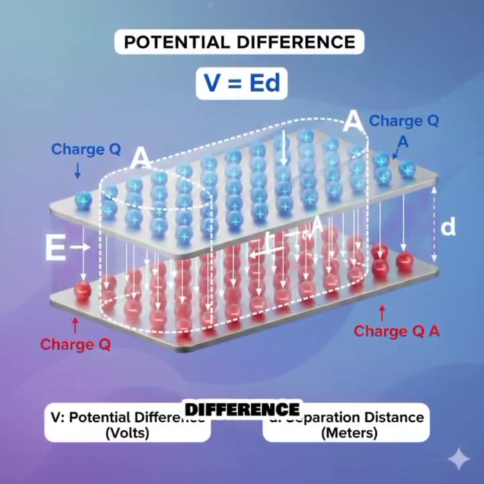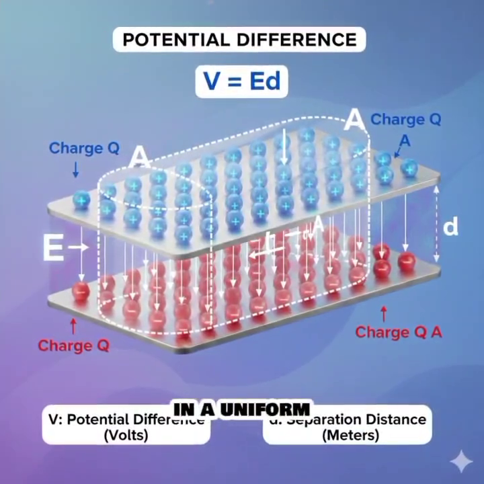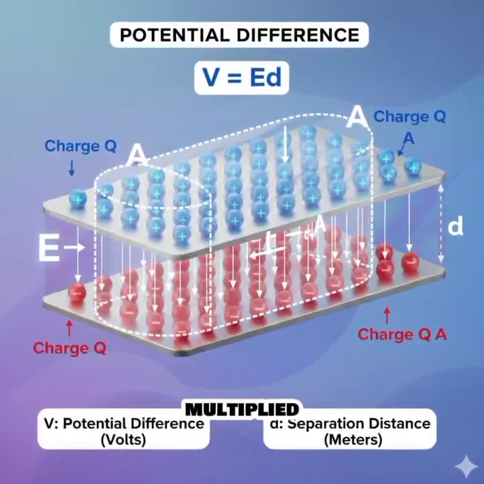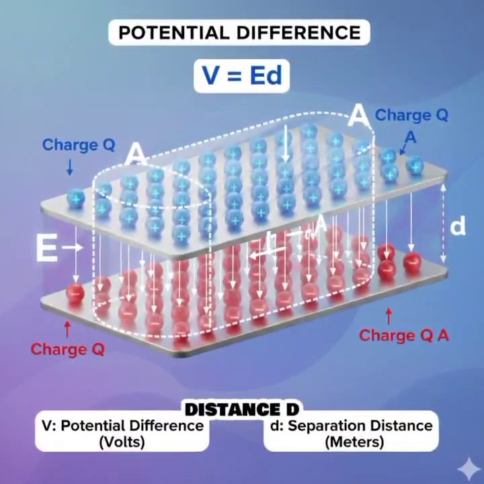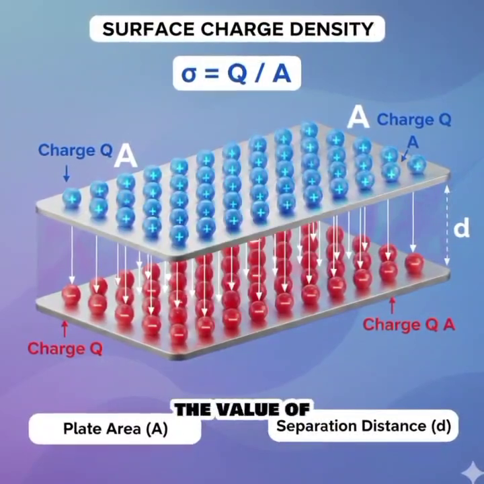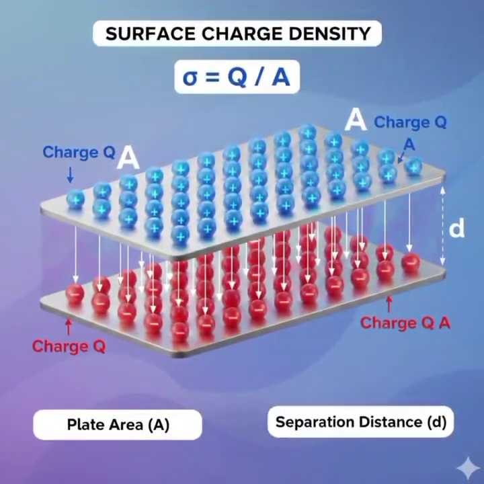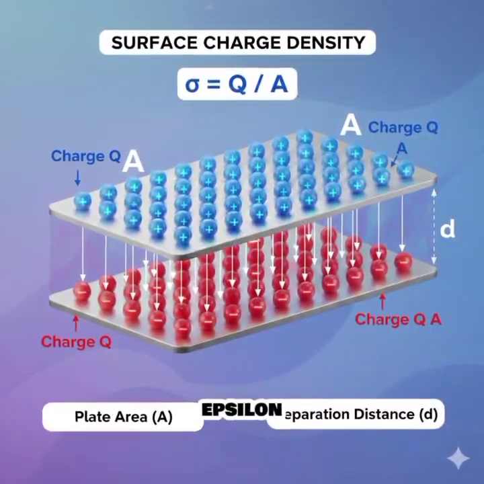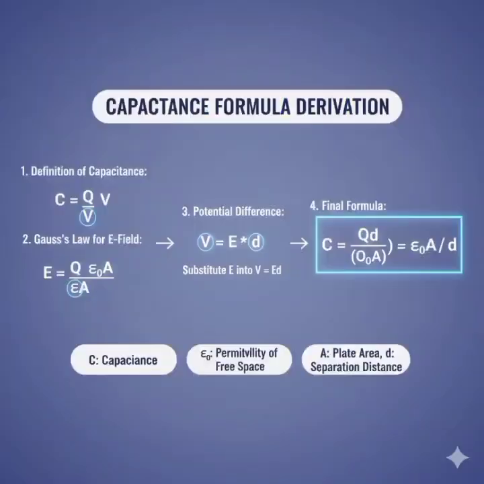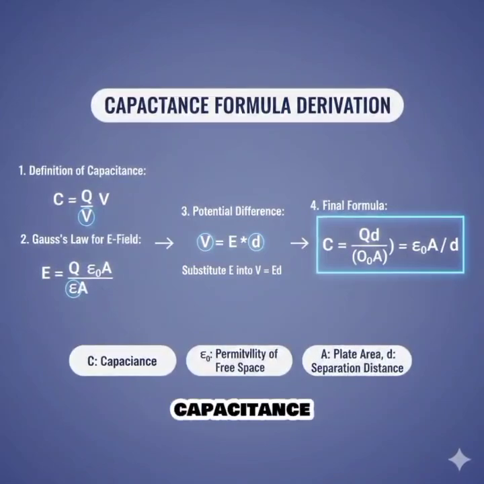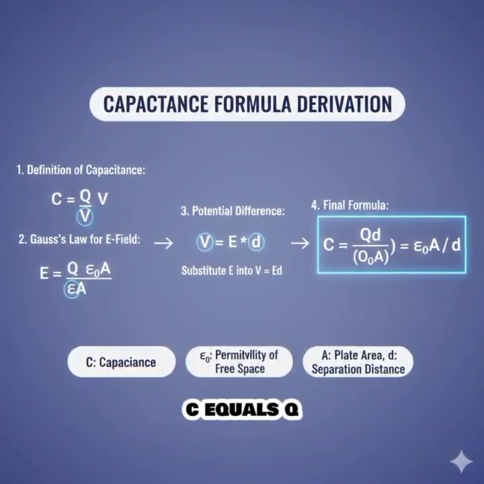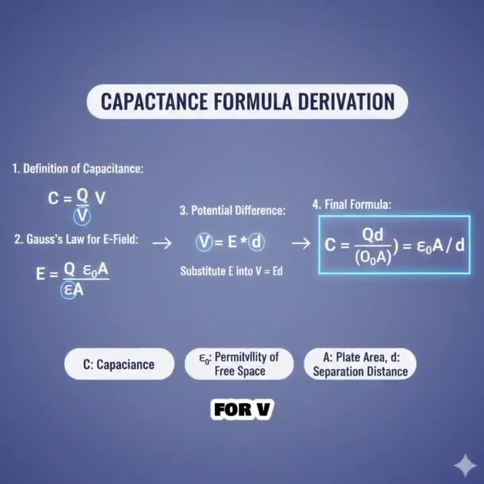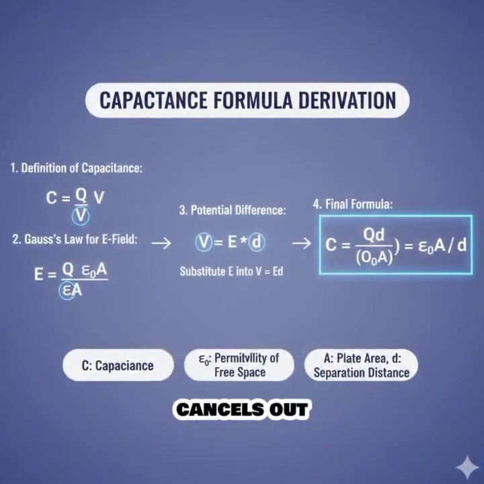The potential difference between the plates in a uniform electric field is equal to the electric field multiplied by the separation distance d. Substituting the value of the electric field, the potential difference becomes Q times d divided by epsilon naught times A. Using the definition of capacitance, C equals Q divided by V, and substituting the expression for V, the charge Q cancels out.